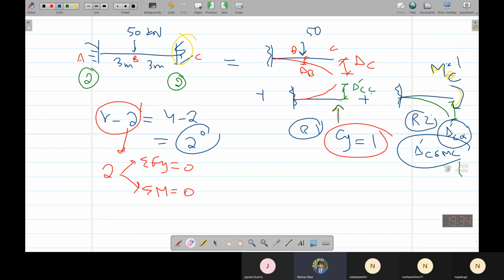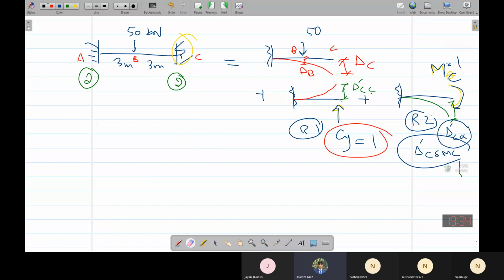So our equation would become the first equation. At point C, the deflection here we have 0 because of the fixed support, equals delta C downwards minus delta dash CC upward plus delta dash C alpha, the deflection produced by unit moment at point C. We are just equating the deflections here in the original structure and here in the primary structure as well as the redundant structure.